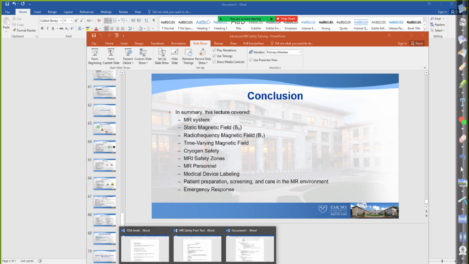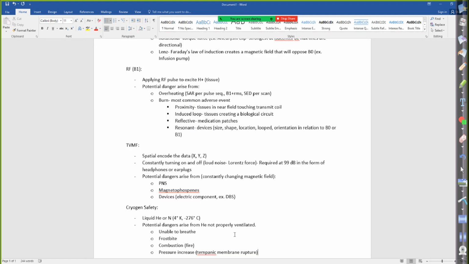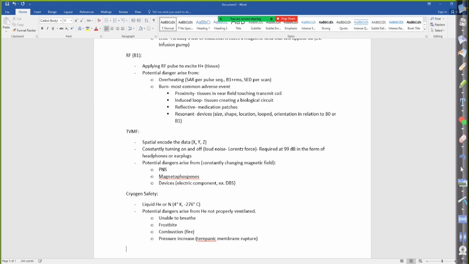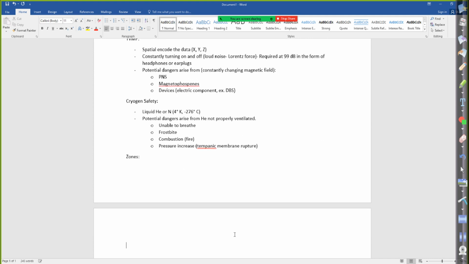Zones, this is an easy one. You guys have gone over this many times. How many do we have? 4. Zone 1, no restrictions. Zone 2.